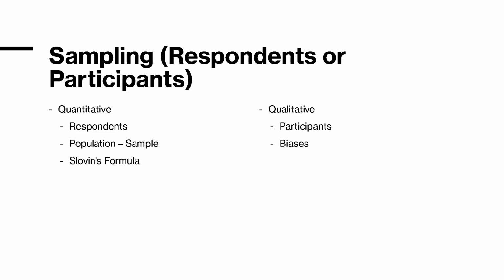And in the quantitative, you need to look at the science of statistics where there is a population and sample. And I want you to look at Slovin's formula. The Slovin's formula will determine the number of samples that you need in your research. While going to the other side, which is the qualitative, we use the term participants because they participate in the qualities that you're going to look at.